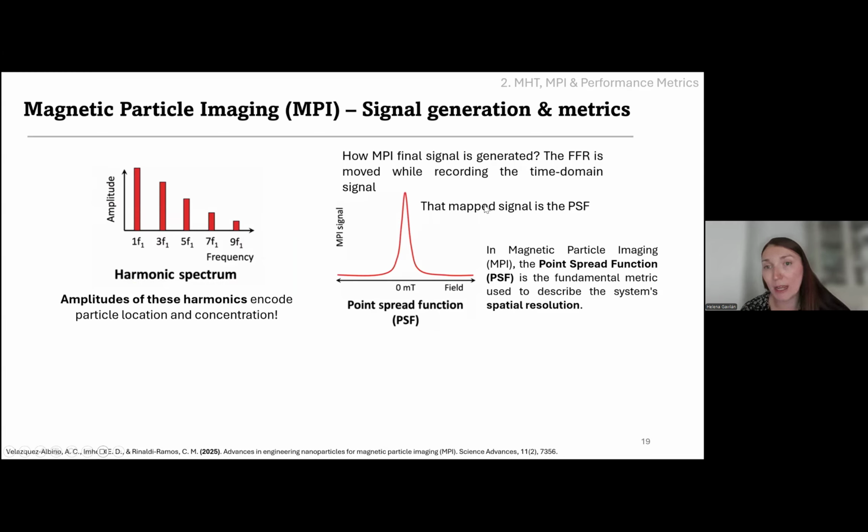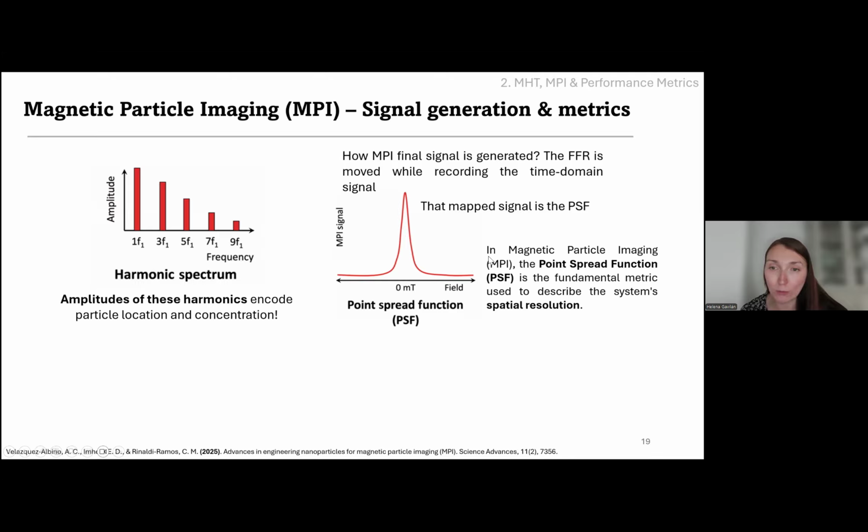What do we use to evaluate the magnetic nanoparticles that are produced in the lab? We would make a final MPI signal that would be generated by the field-free region when moving while recording the time domain signal.